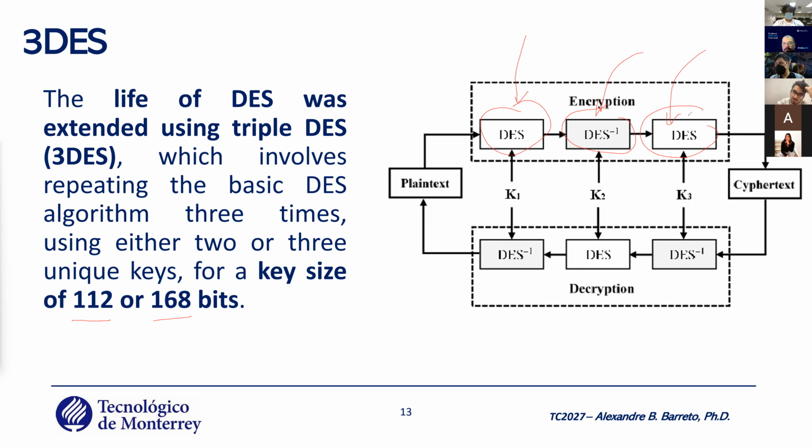It's not so fast. Am I correct? You apply 1 time, okay, you need to apply other time, you need to apply other time. You spend at least 3 times more than the normal DES. The problem in the triple DES is the performance.